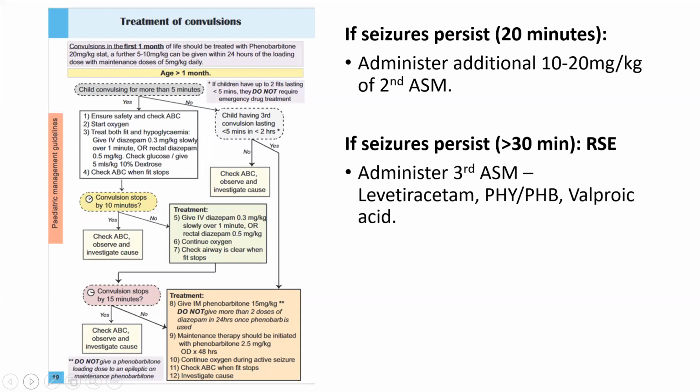If the seizure continues after 30 minutes, you will classify this status epilepticus as refractory status epilepticus, and you'll consider giving a third anti-seizure medication. And what is the choice of the third anti-seizure medication? This will be the medication that you did not use as the second anti-seizure medication, and what is readily available to you.